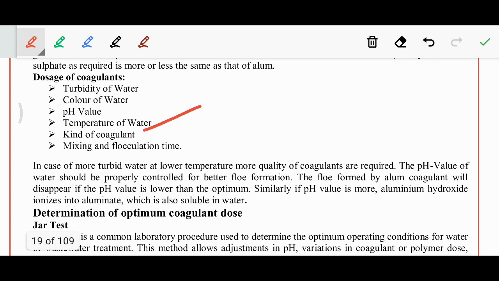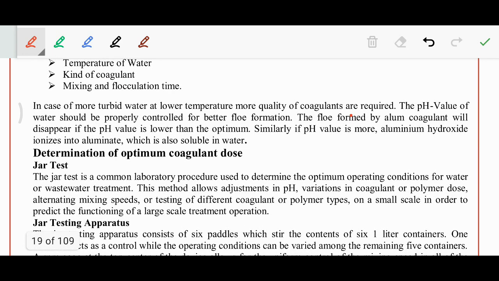We know that there are n number of coagulants. The common one is alum, but we try to understand the kind of coagulant before going to find out the optimum dosage. Next, mixing. We are using a flocculation chamber for mixing.